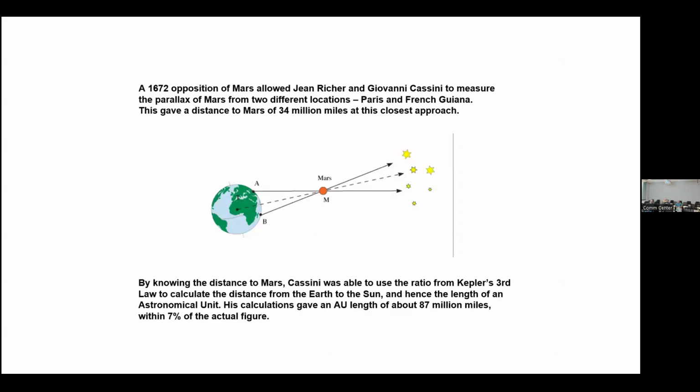So what happened was in 1672, there was an opposition of Mars, where Mars was directly opposite the Earth and the Sun, which basically means that it was at its closest approach to the Earth.